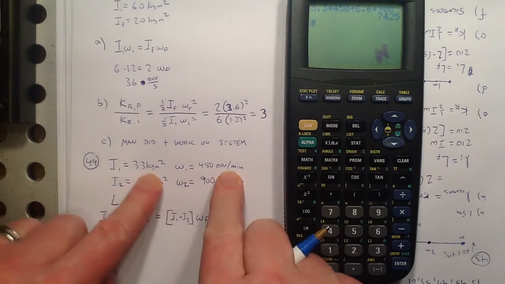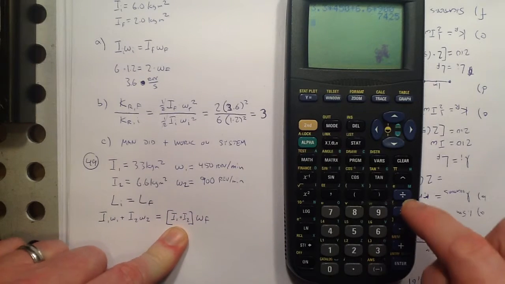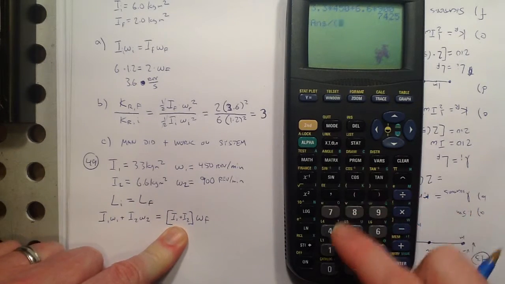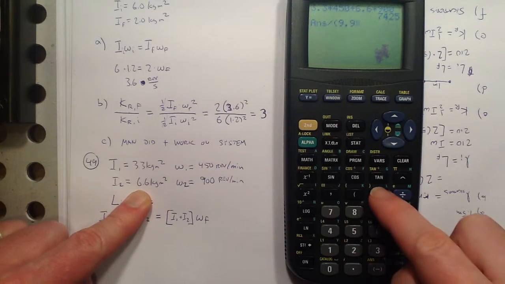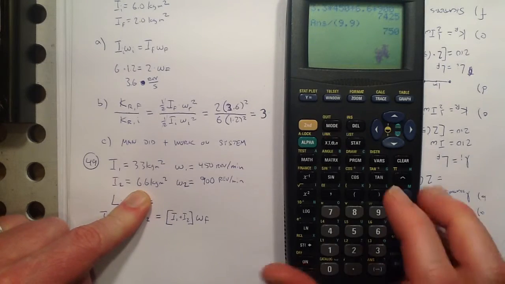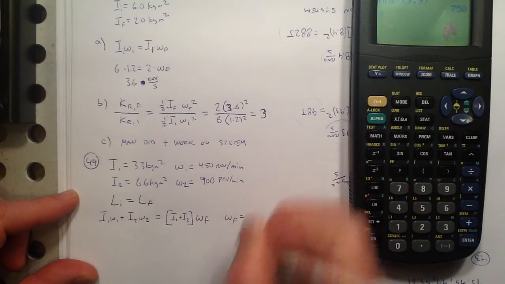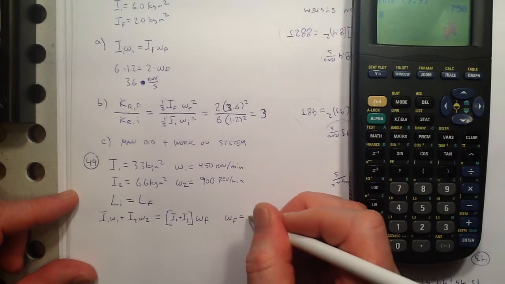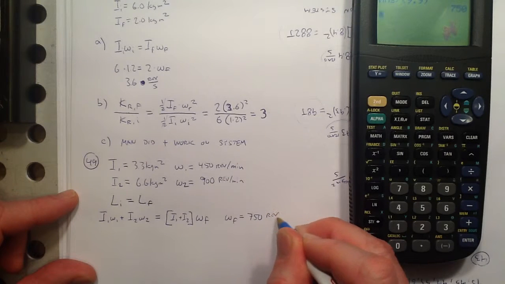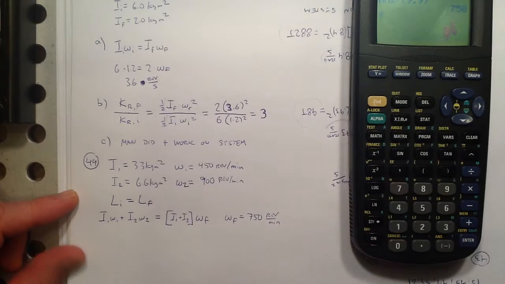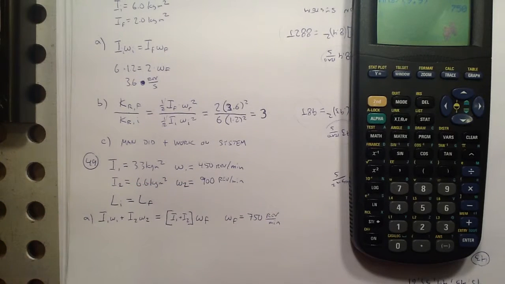I times omega, so it's not exactly SI units, but all our units are the same, so we should be okay if we then divide by the total rotational inertia, which is 9.9, and that will give me the final angular velocity afterwards, and since I used these units, that will be in revolutions per minute. That's part A.